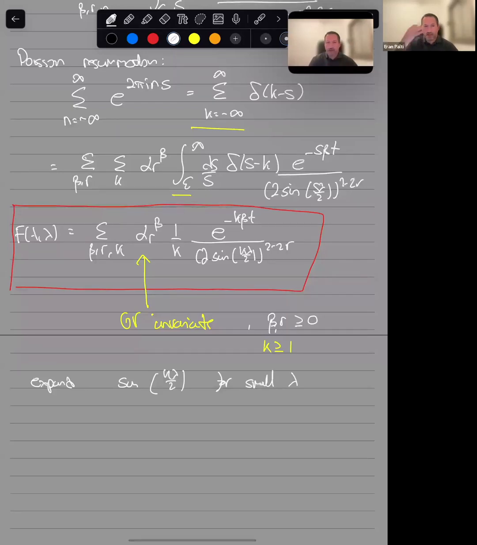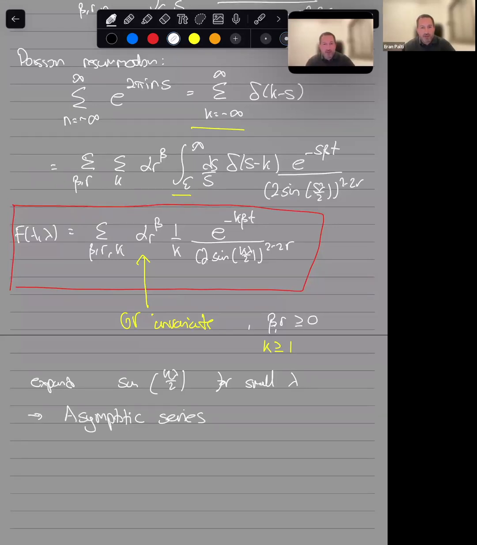Then we get a series in lambda. And this should be treated as what's called an asymptotic series. In other words, this expression here is not well defined in general for finite lambda.